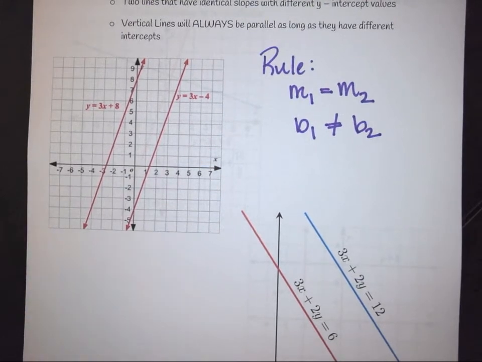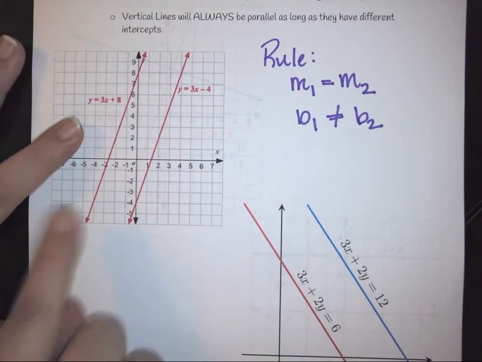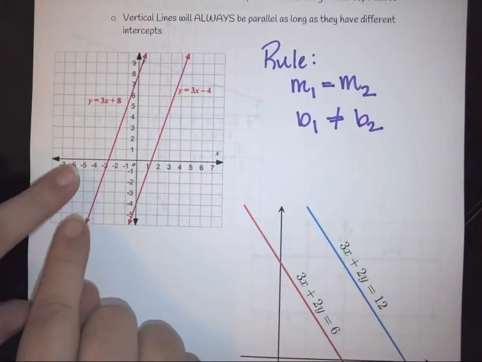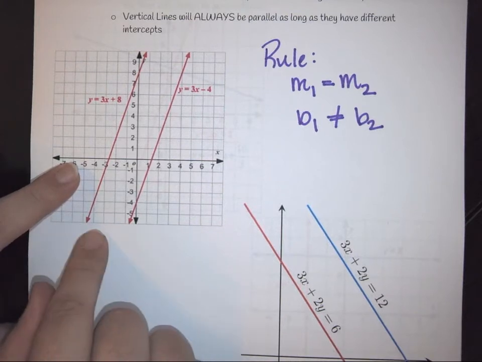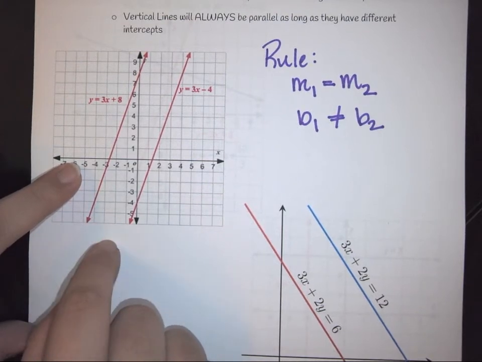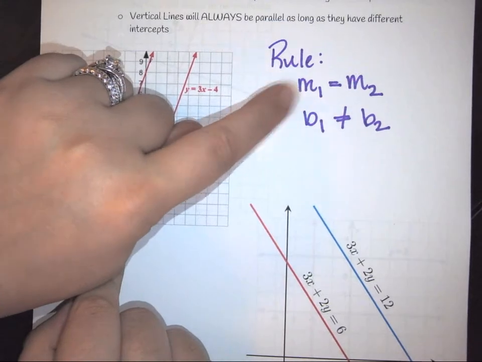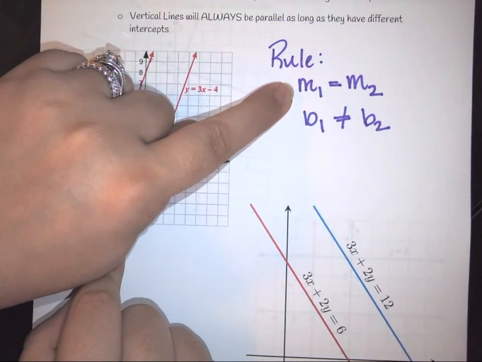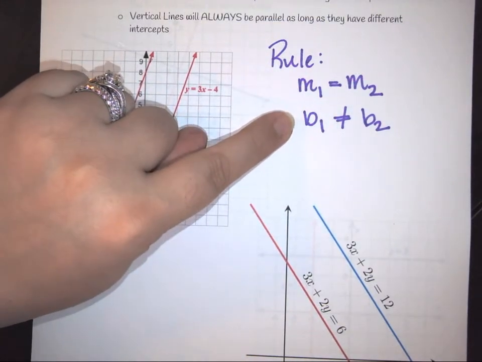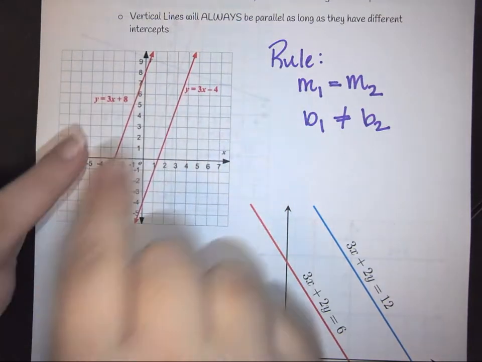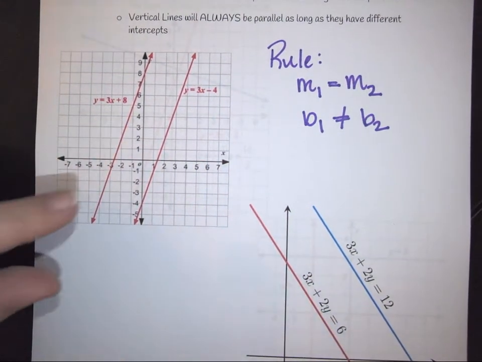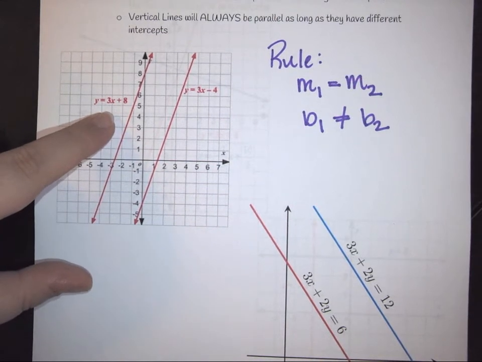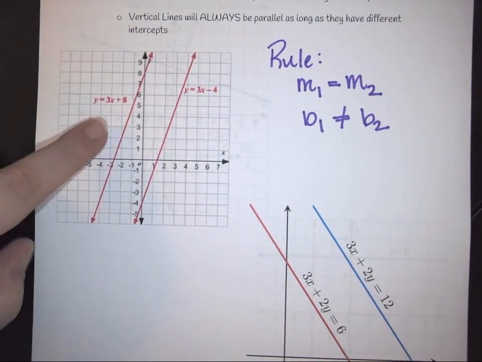So here I just have two quick little examples. If you look at this first one up here, notice I have two parallel lines, or at least they appear to be parallel. The way that we know for sure is if they satisfy your rule, that your slopes are the exact same but your intercepts are different. Both of these lines have already been written into slope-intercept form, which makes them very easy to compare.